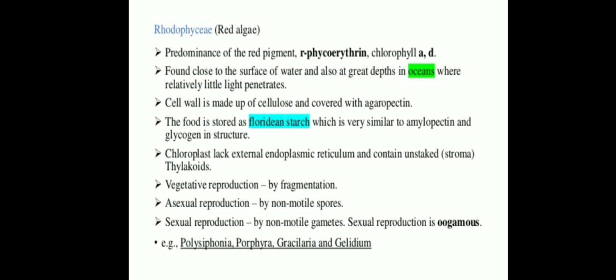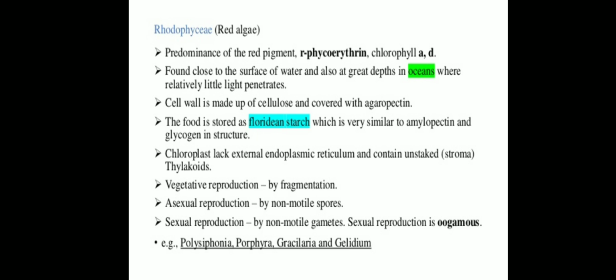So you can find red algae at the surface and also at depth. Here the cell wall is made up of cellulose and covered with agar and pectin. The food is stored as floridean starch, which is very similar to amylopectin and glycogen in structure. Chloroplasts lack external endoplasmic reticulum and contain unstacked thylakoids.